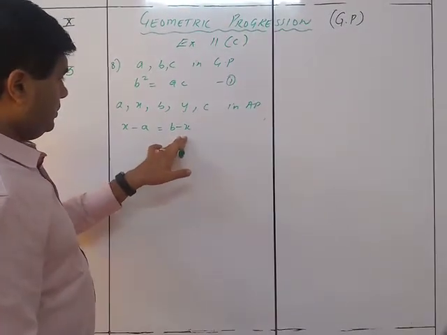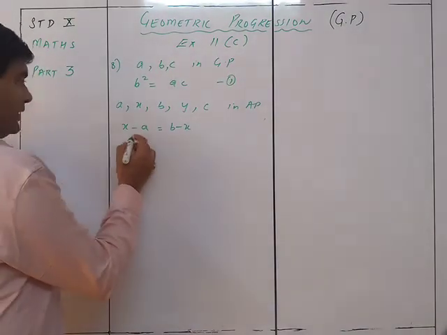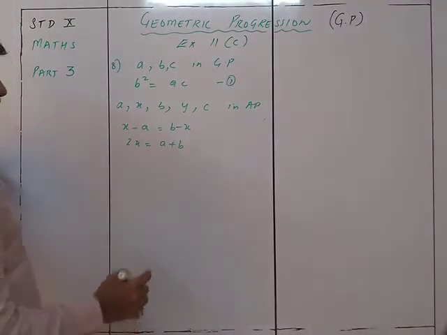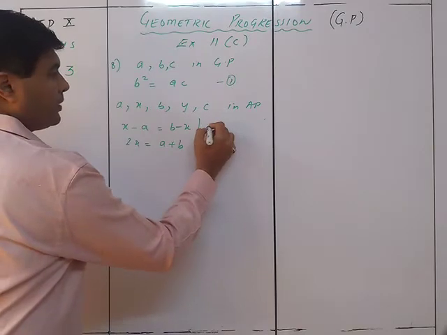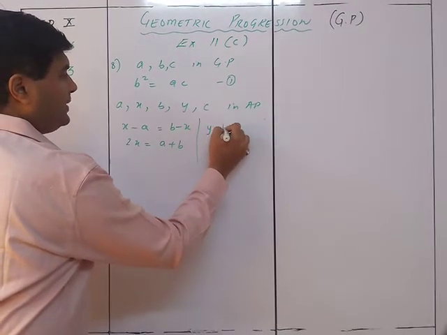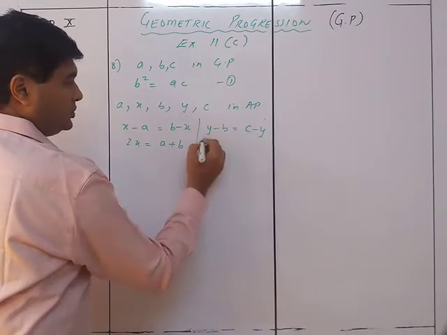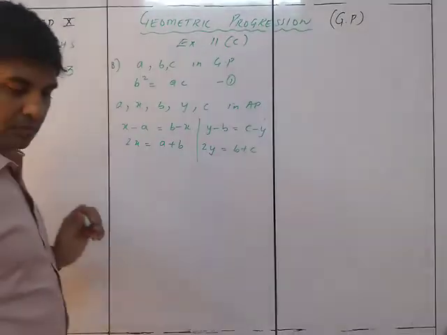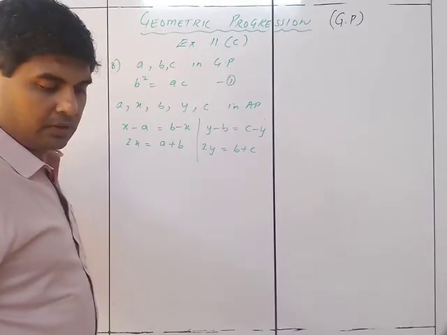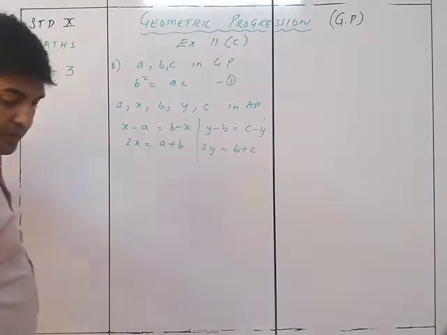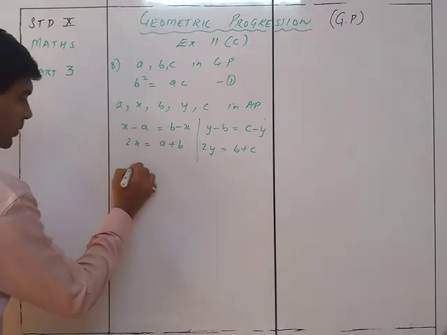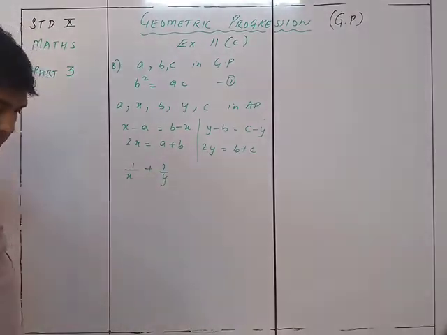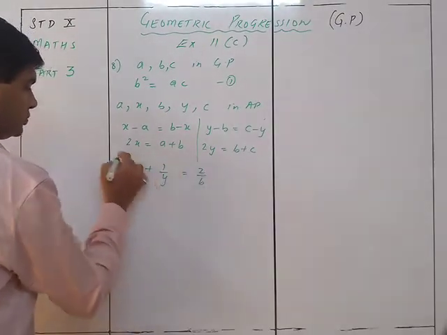So we can say over here 2X is equals to A plus B. Similarly, we have Y minus B is equals to C minus Y. So that is 2Y is equals to B plus C. Got it? Now, what we are going to do is what is asked. We have over here 1 upon X plus 1 upon Y. We need to prove it to be 2 upon B. So that is to prove.